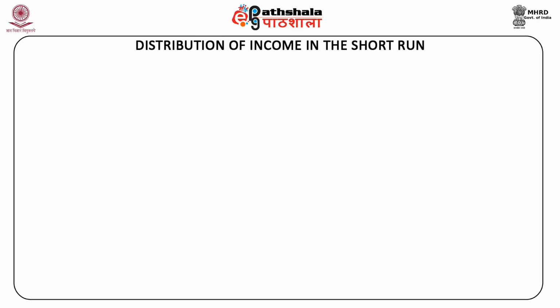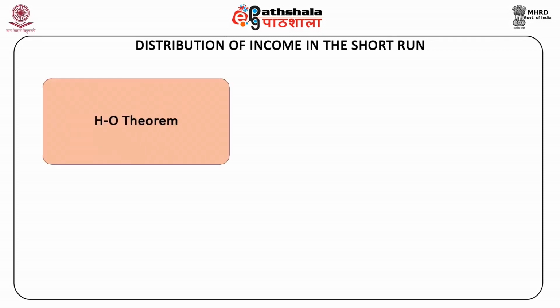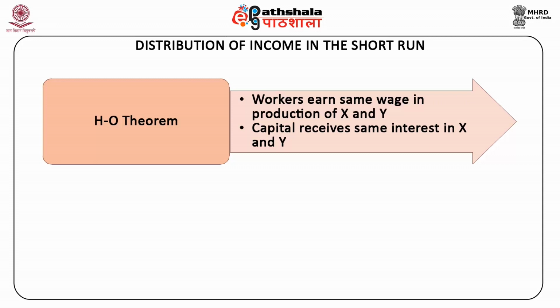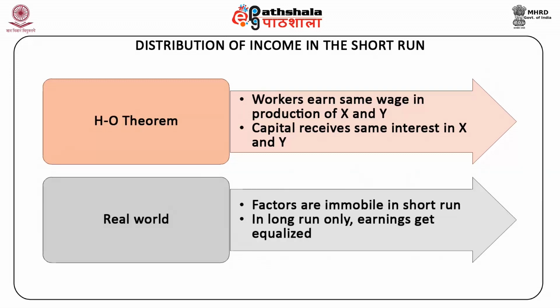Now we will discuss the distribution of income in the short run. If the HO theorem holds true, then it does not depend on which industry employs them. Workers earn the same wages in the production of good X and Y, and capital receives the same interest rate in both good X and Y. However, in the real world, factors earn quite different amounts in different industries because it takes time for factors to move between industries, that is, they are immobile in the short run.